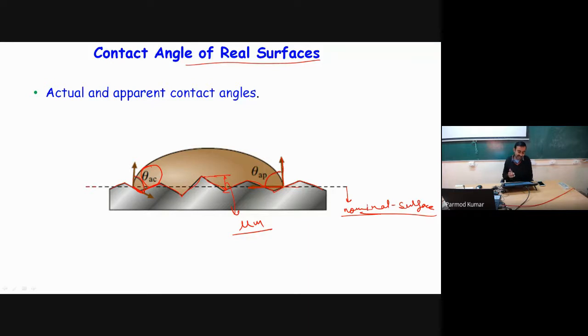So on a real surface, the actual contact angle will be different from the contact angle which appears to us. That is why we call it the apparent contact angle. So this is the difference between apparent and actual contact angle.